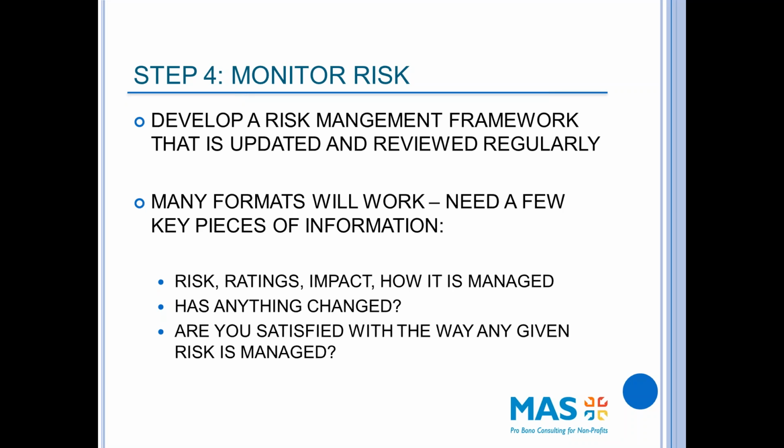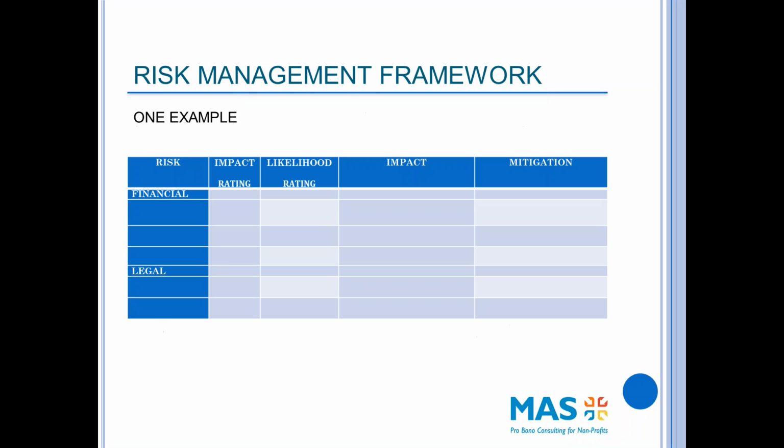Again, you need a couple of key pieces of information. You need to have identified your risks, and you need the risks and their ratings, so the impact. Then as you review it, you need to think about whether anything has changed, and whether you are satisfied with the way you're managing risks. If I go to the next slide, this is an example of a risk management framework.